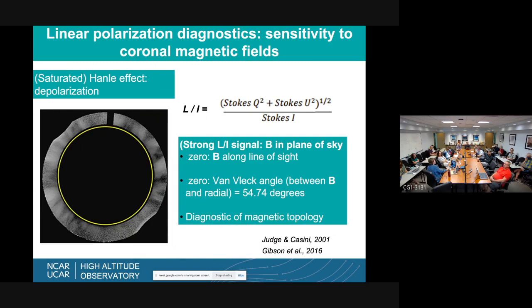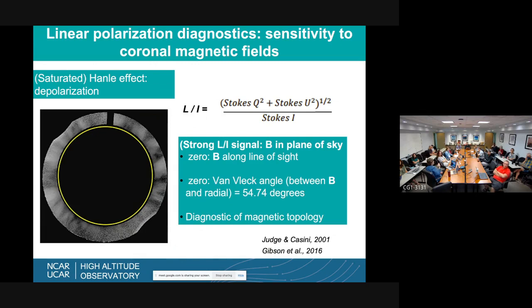You get a strong linear polarization signal when B is mostly in the plane of the sky. And so most of this is gray. You go through linear polarization nulls when the magnetic field is 100% oriented along your line of sight, and when it crosses the Van Vleck angle, which is between B and the radial at 54.7 degrees.